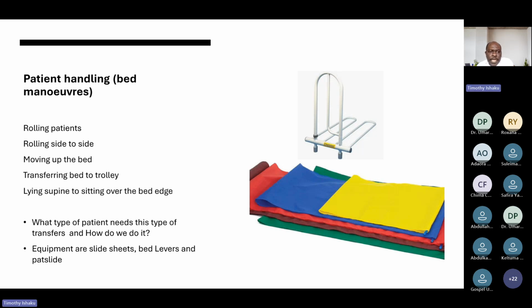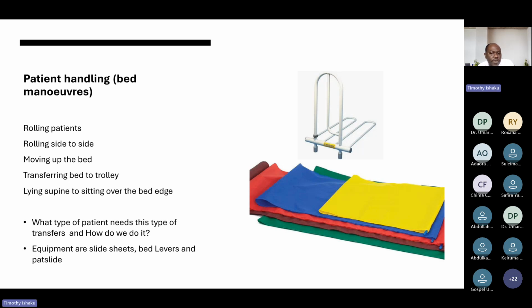Okay. Just to mention also, Suleiman has raised a bit of a question for me. When you're doing the manual handling with the slide sheet, just to roll back a bit, the direction of how you use the slide sheet matters, and your foot placement when you're moving the patient matters.